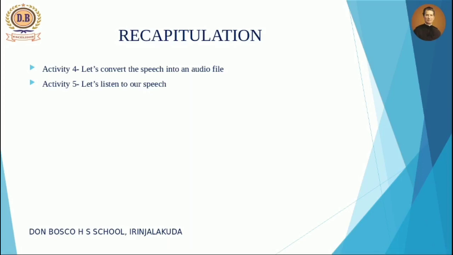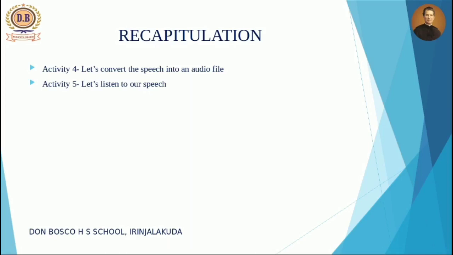Then we have to select the folder in which that file should be saved. Then next step is to select the audio format. Many audio formats are available like WAV, MP3, OGG, etc. We have selected OGG file format. Then after that, we have to click on the save button. Then again a window opens. In that, we have to click on the OK button. Then this recorded speech will be converted, or it will be exported into an audio file. This is how we can export an audio file.